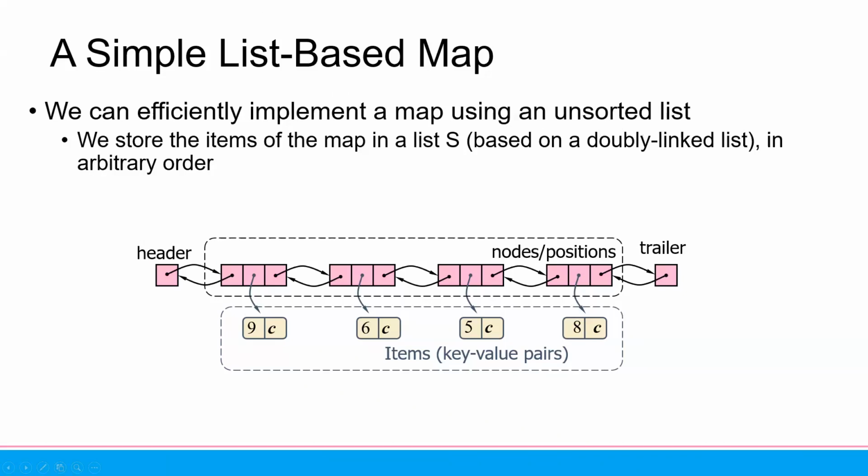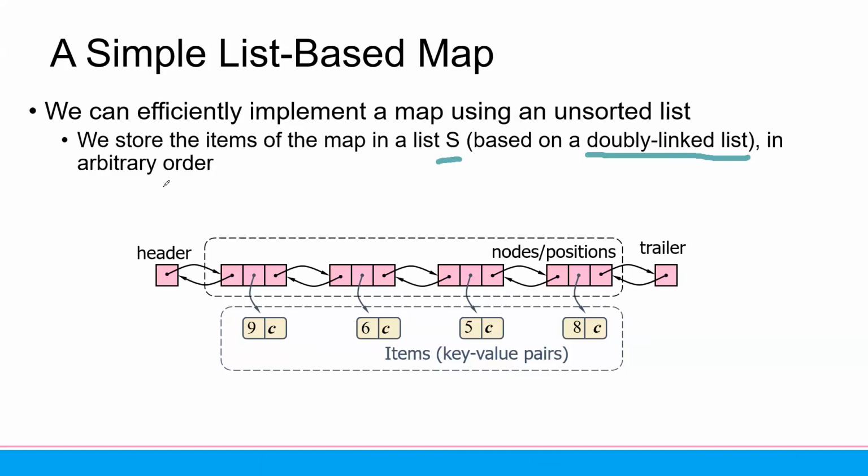I'm not sure if you still remember. Last week we learned about the unsorted sequence in the priority sequence. So we have the unsorted list, and we can store the items of the map in a list S. And let's say this is based on the doubly linked list, and we can put it in arbitrary order.